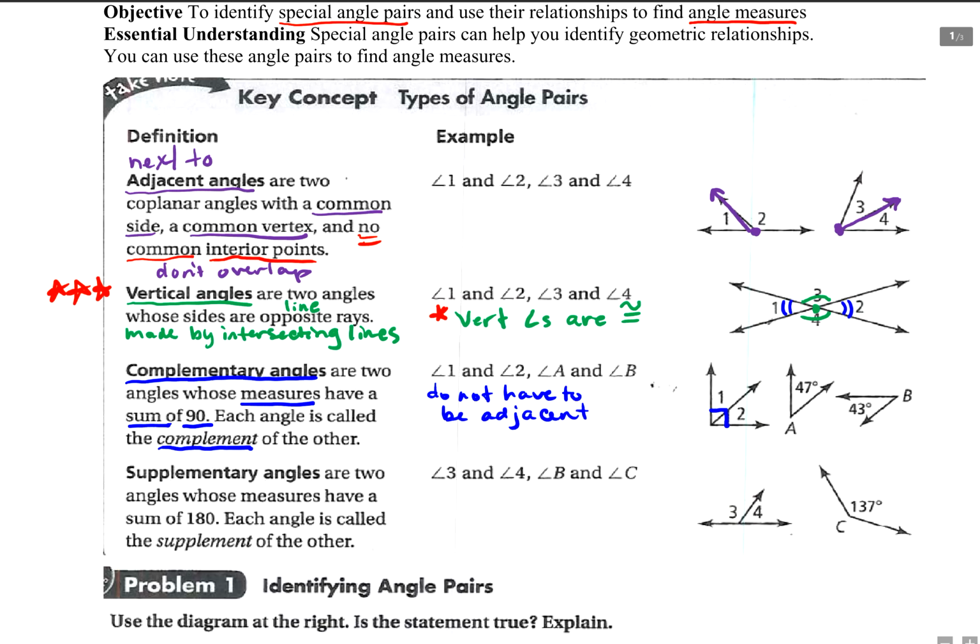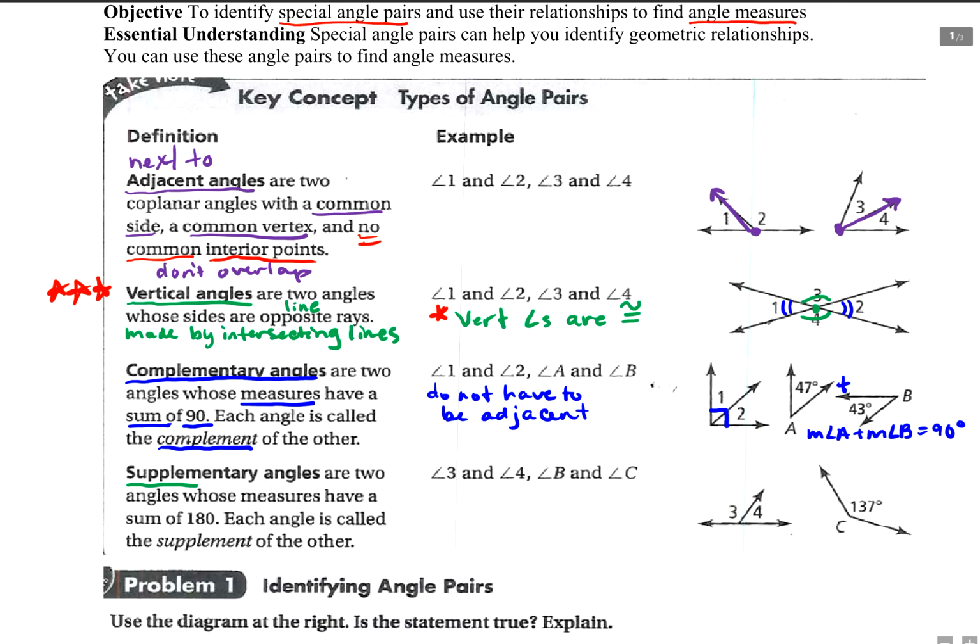Now let's look at angle A and angle B. 47 plus 43 is 90. These sum to make 90 degrees. So the measure of angle A plus the measure of angle B equals 90 degrees. These two angles are complementary. If you see the word complementary, you know that they sum to 90 degrees.